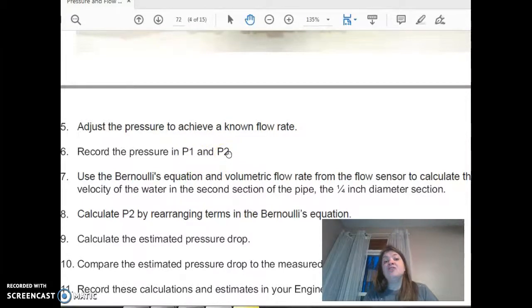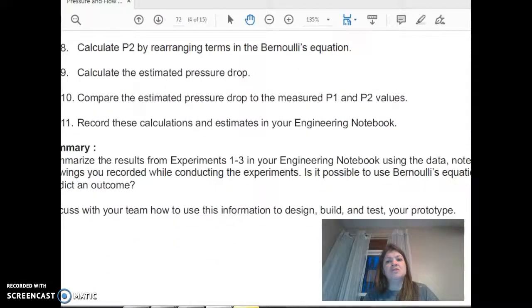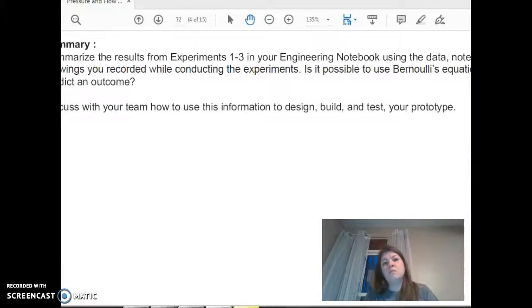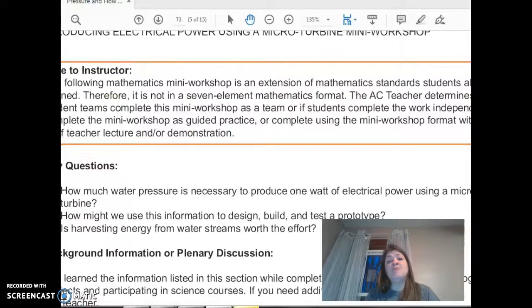And then you can calculate the velocity of the water. You're going to use Bernoulli's principle for that. I think that those are pretty basic.